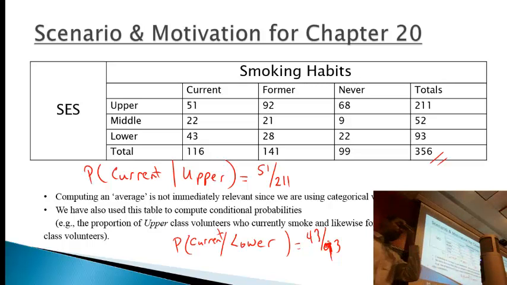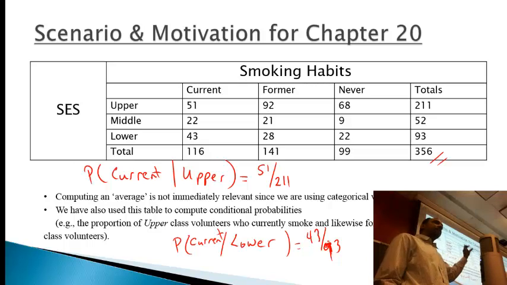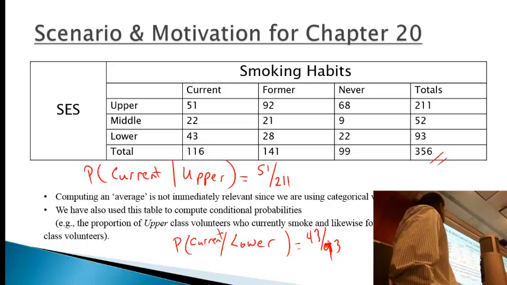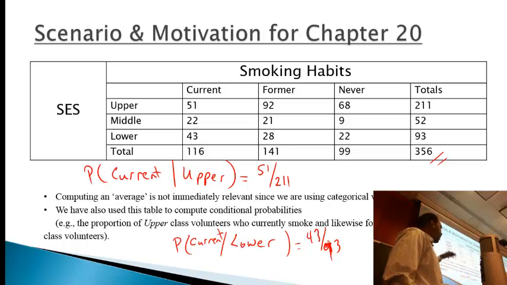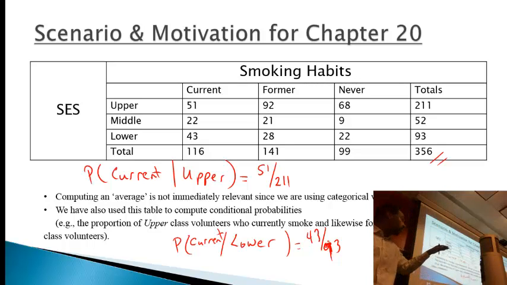So in this chapter, we're going to learn how to find inference on each of these, and do a hypothesis test, do a confidence interval, that sort of thing. Next chapter, we're going to look to see, is there a difference between the upper class smoking rate and the lower class smoking rate.